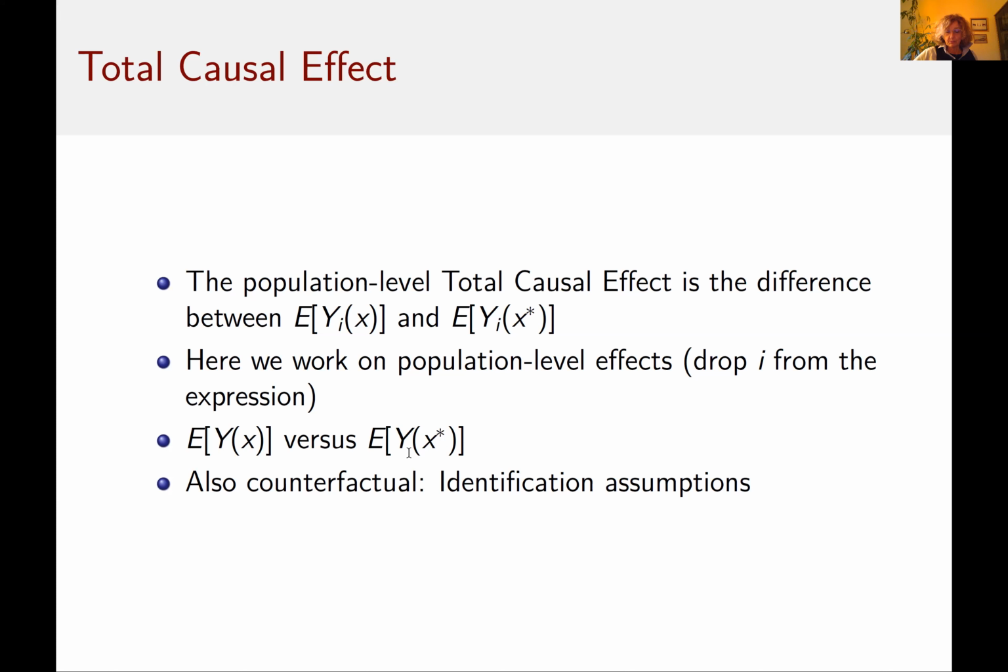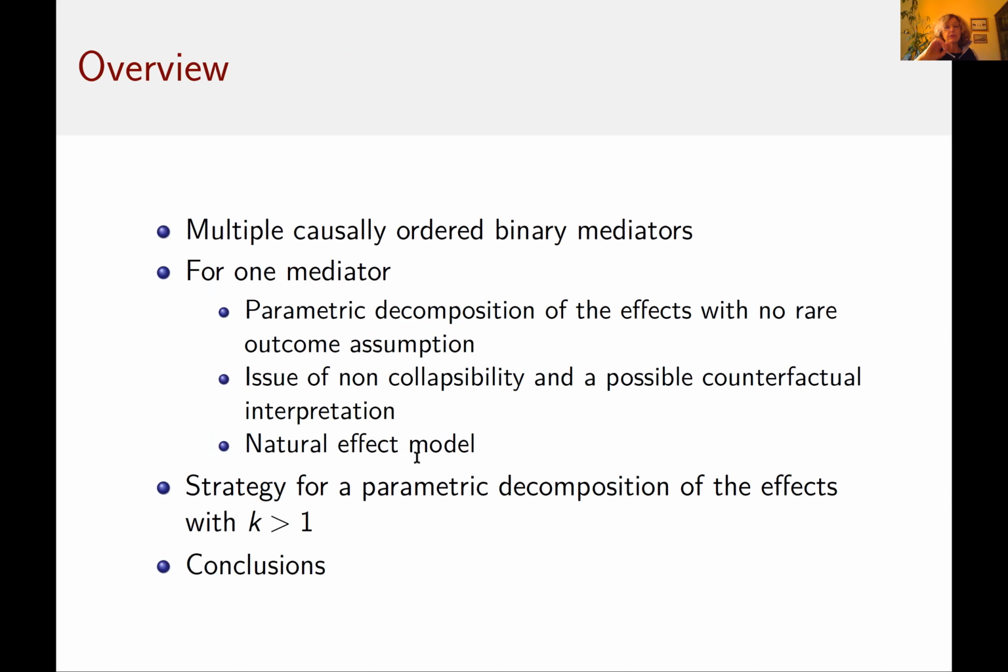Now, the overview of the talk. I will speak about multiple causally ordered binary mediators, and I will focus for one mediator on the parametric decomposition of the effects without the rare outcome assumption, which is usually the one that is used.